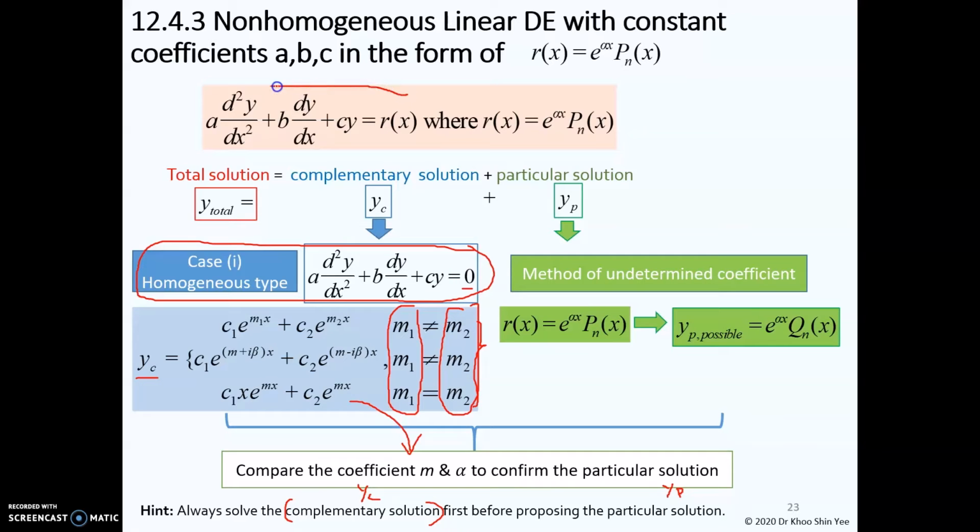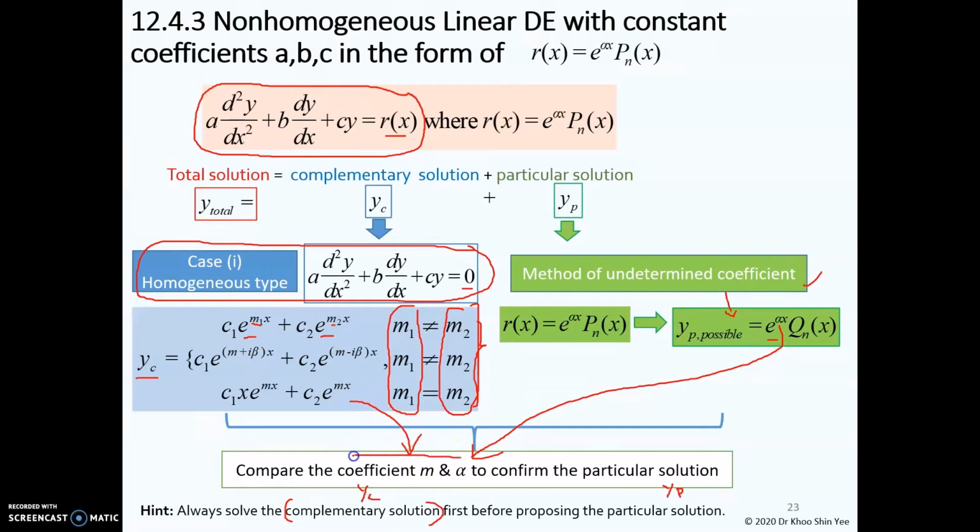Next, you continue to solve the non-homogeneous part of the ODE, where the right hand side is not equal to 0. Based on the right hand side function, we can use the method of undetermined coefficient to propose the particular solution. From the particular solution here, we can obtain the coefficient alpha from the exponential term, like you obtain the m1 and m2 coefficient from the exponential term here.